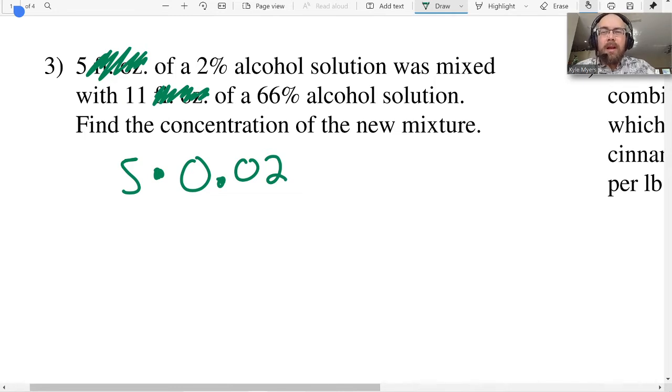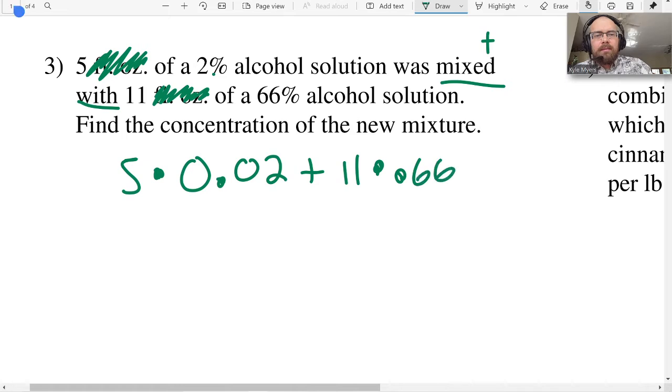You take the number and you take the decimal place, which is right here, and you move it 2 spaces a la izquierda, to the left. 5 times 0.02 was mixed with plus 11 of a 66%, 0.66 alcohol solution.